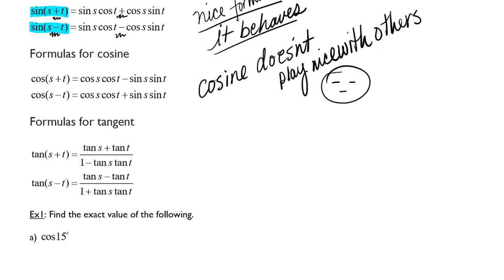Tangent of S plus T equals tangent S plus tangent T, all divided by 1 minus tan S tan T. The other one is tangent of S minus T equals tangent of S minus tangent of T, all over 1 plus tan S tan T. Now, that grouping could also be written as tangent of S plus or minus T equals, now notice that when it's plus in the sum of angles, it's plus in the numerator and minus in the denominator.